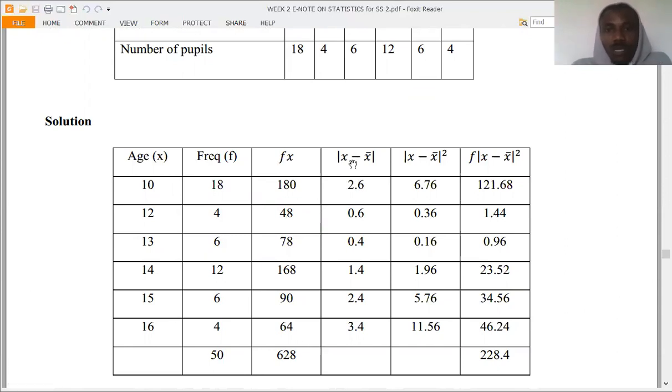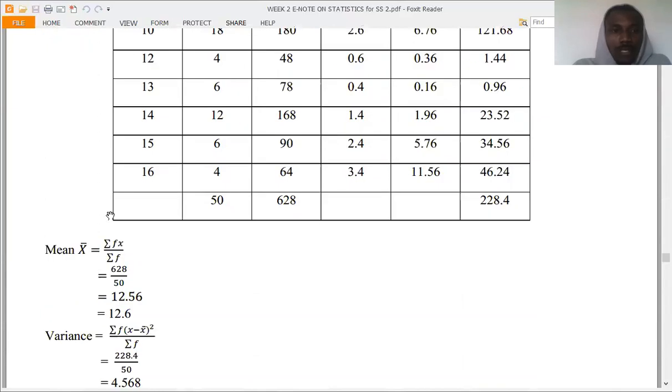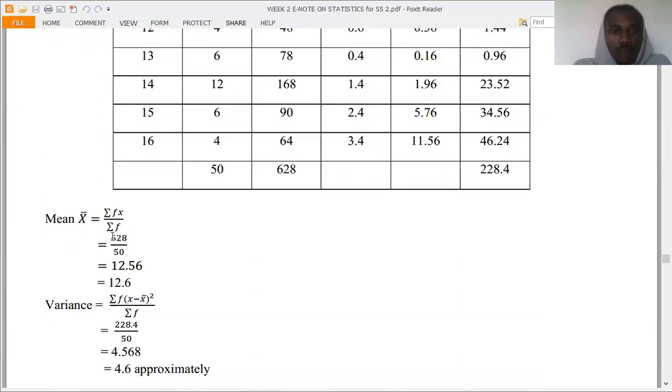Then you also need to solve for the absolute value of the deviation. We don't need a positive or a negative result, so we take the absolute value of the deviation of each point from the mean. But before doing that, we have to calculate the mean first, and the mean is given by summation f of x over summation f. When you compute the mean, we get 12.6.